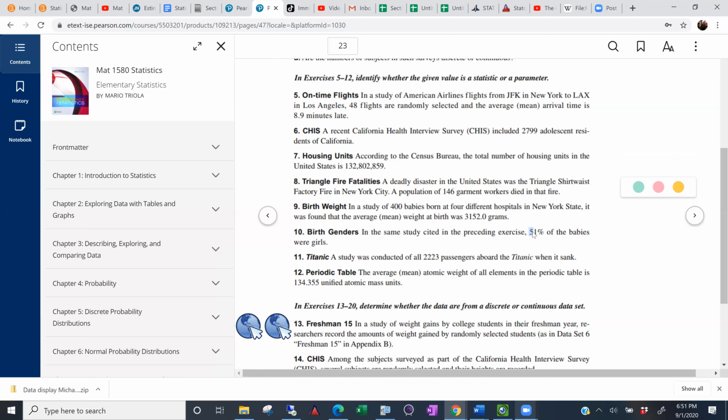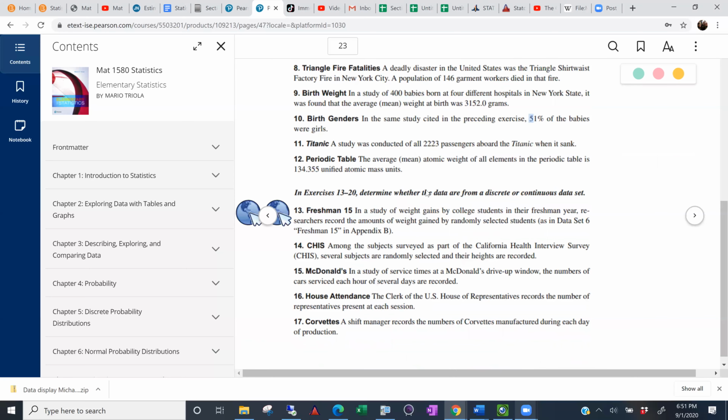Problem number 12. The average mean atomic weight of all elements in the periodic table is 134.355 AMUs. That's a parameter.